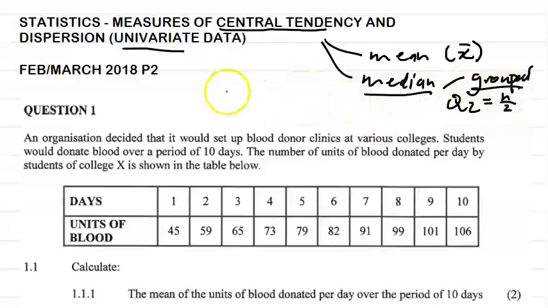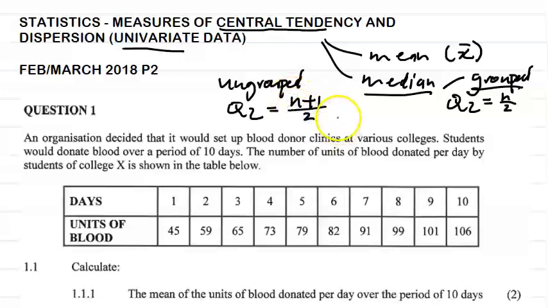Now for ungrouped data, we have to arrange our ungrouped data in ascending order. And for ungrouped data, the position of our median will be the number of values plus 1 over 2, to give us the position of our middle value or our median.